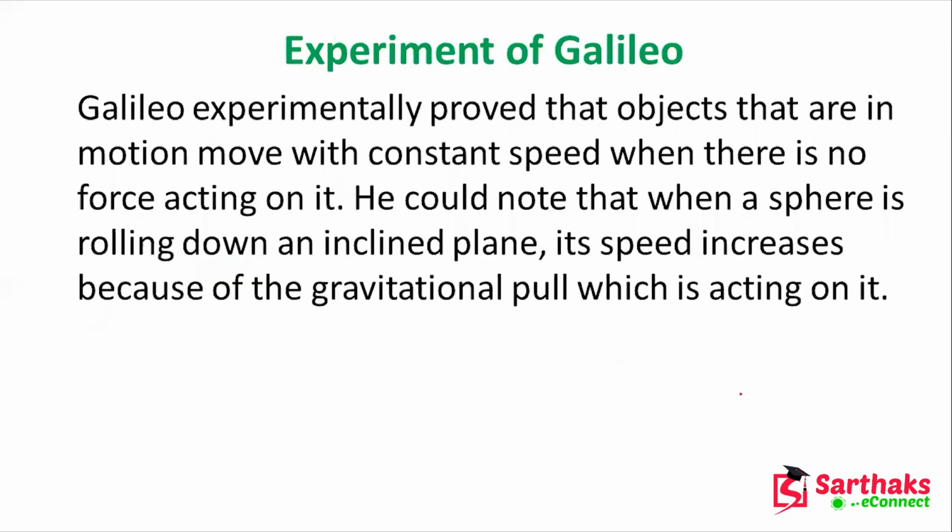Now, Galileo experimentally proved that objects in motion move with a constant speed when there is no force acting on them. And he noted that when a sphere is rolling down an inclined plane, its speed increases because of the gravitational pull acting on it.